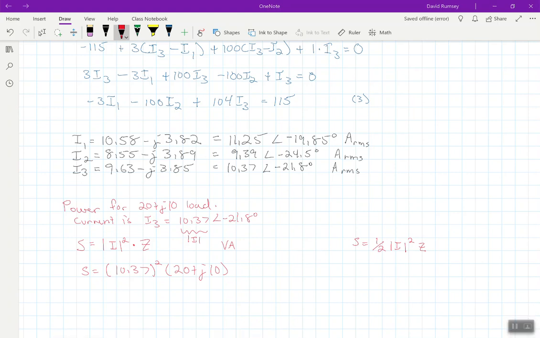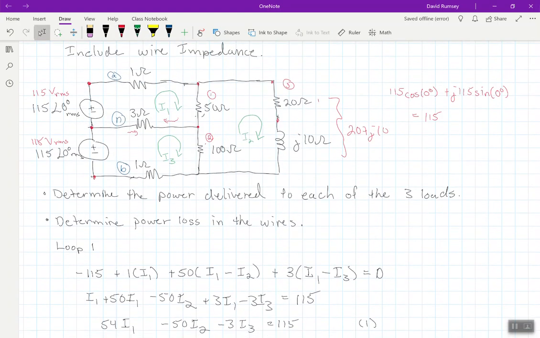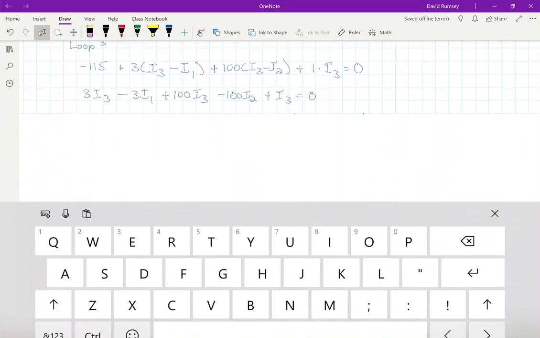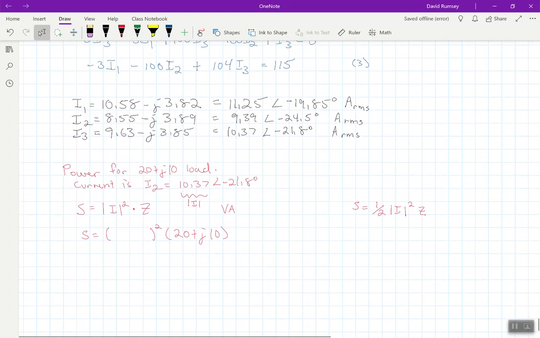And I made a mistake here. When I was putting it into the calculator, it's I, but I should be careful. It's not I3, it's I2. I didn't carefully look at my graph here. I was thinking that I'd label this I3, but that's I2. So let's go back and fix that here.